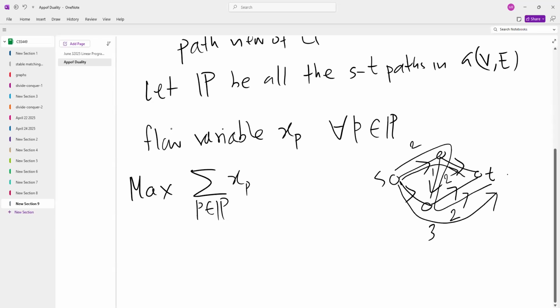Okay, and then I have a constraint. What will be my constraint? In the original edge-based formulation, I had a flow conservation constraint and a capacity constraint. Now, in this formulation, do I need a flow constraint? We don't need a flow constraint. Why?